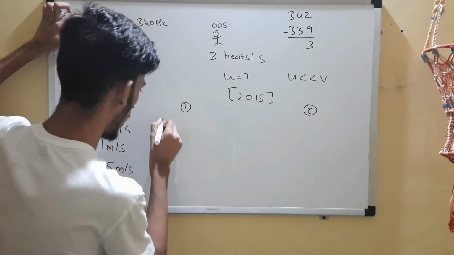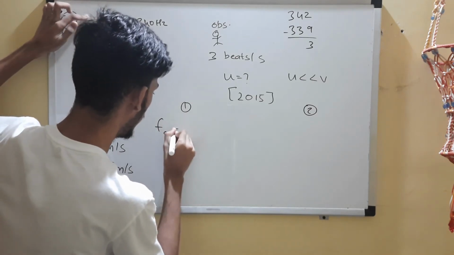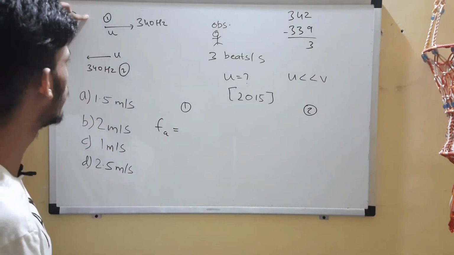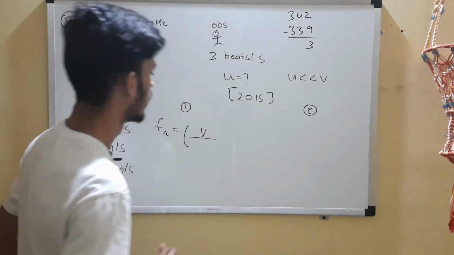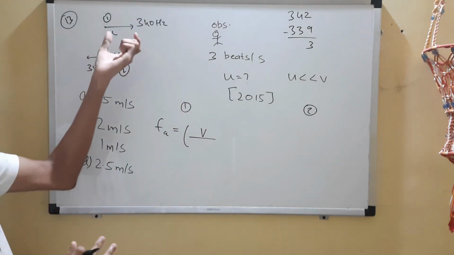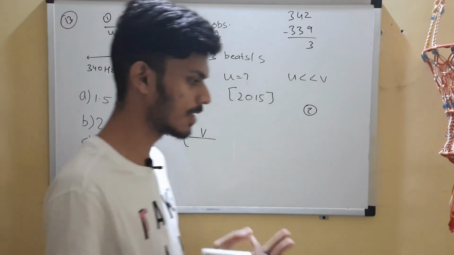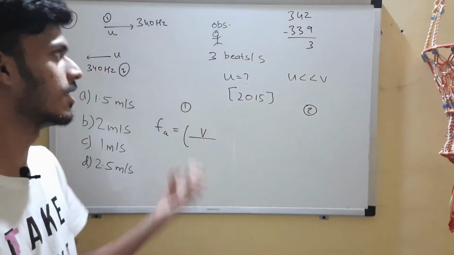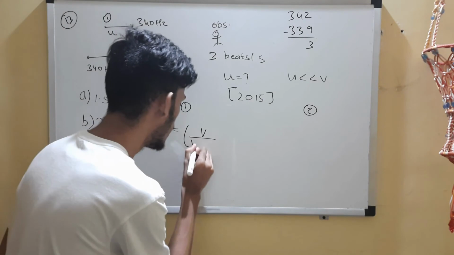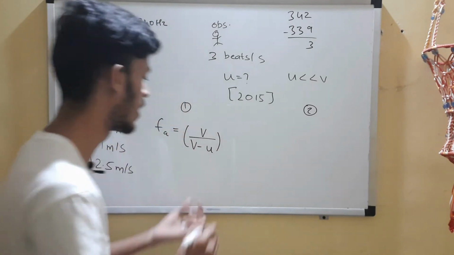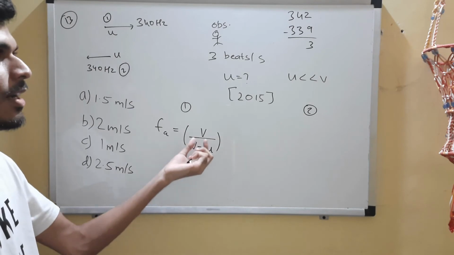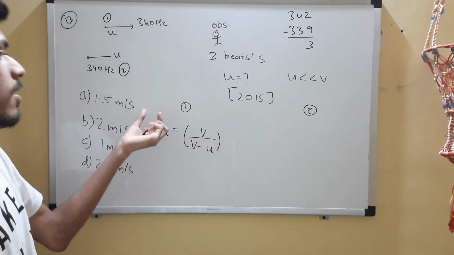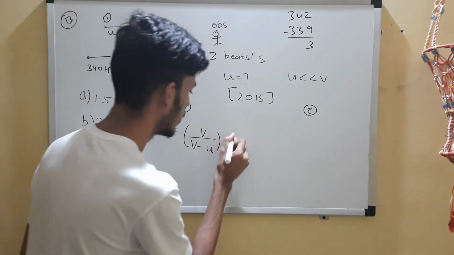So the apparent frequency f_A will be V divided by... Now in case 1, the frequency is increasing, right? The apparent frequency is more, so the denominator, this velocity, is trying to decrease. It will be V minus U. The denominator will decrease, so that the apparent frequency is more.